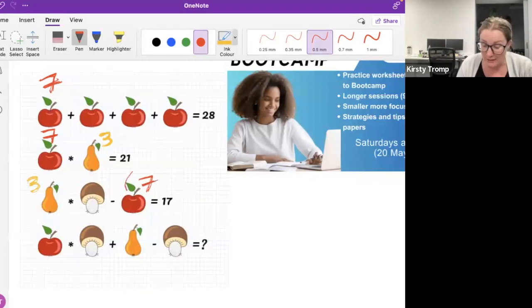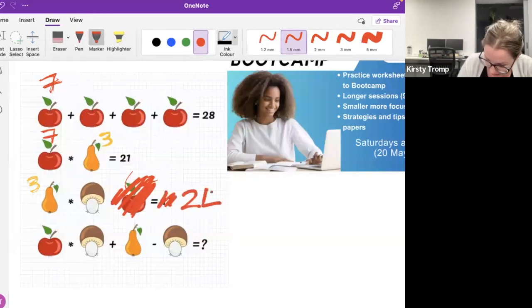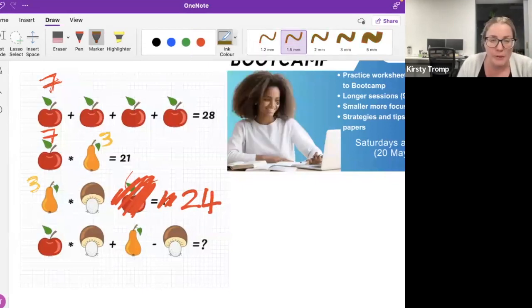And when I take my 7 across, if I take the 7 away from this side, and I put the 7 on this side instead, it gives me 24. All right, so 3 times by what is going to give me 24, everybody? 3 times what gives me 24? 8, nice. So my mushroom is equal to 8.